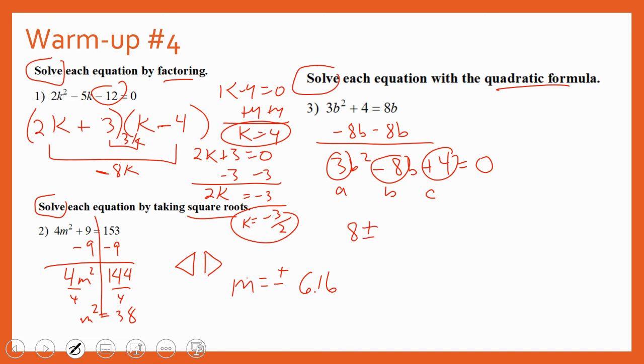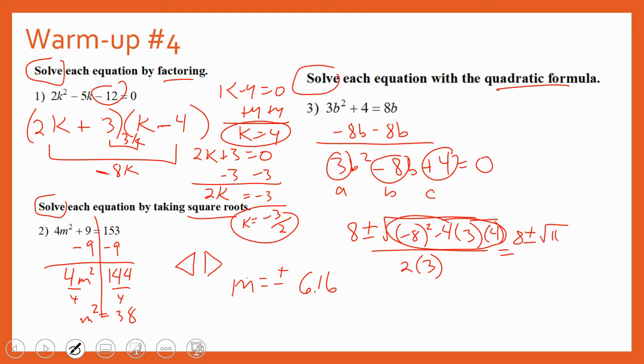Opposite of B, plus or minus the square root of B squared minus 4 times A times C, all over 2 times A. Double check to make sure you plugged it in right. 8 plus or minus, put all that inside the square root in your calculator, and you get the square root of 16, which is 4.